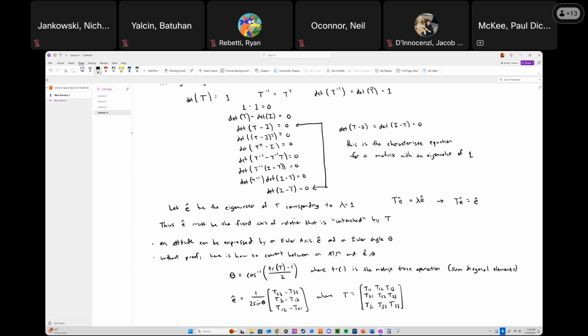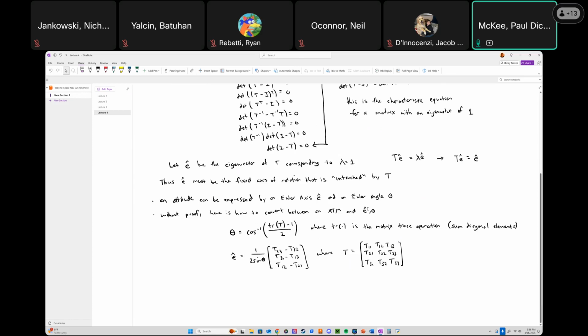Good. So those are the equations to go from T to theta and E.